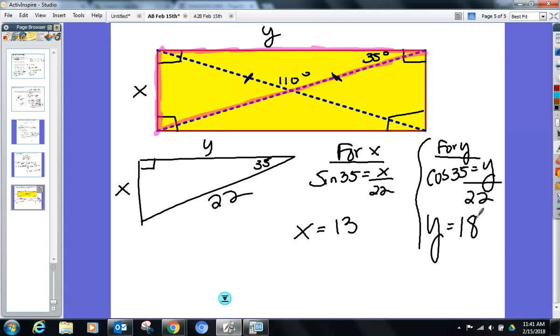Make sure 13, 18. Then if you do get 13 and 18, feel free to flip it over and get going, see how much you can get done with the first problem there.